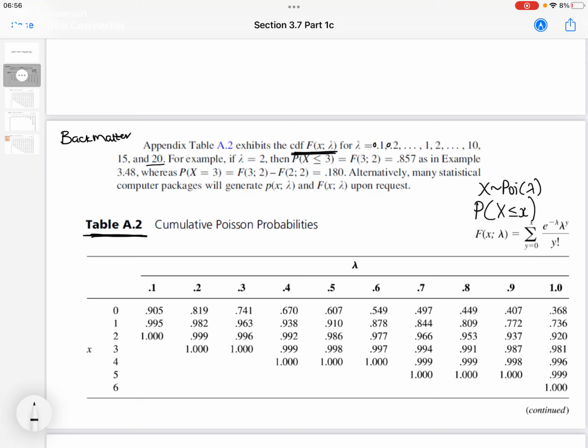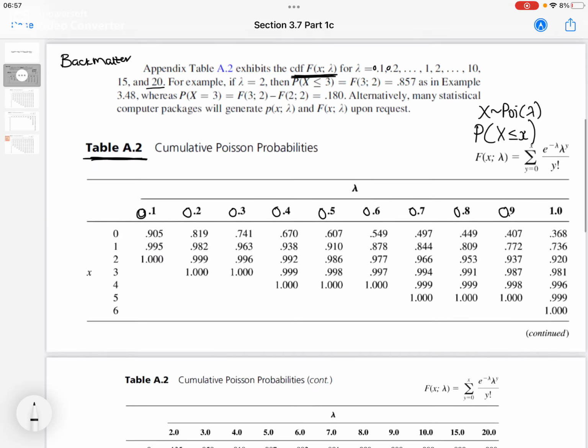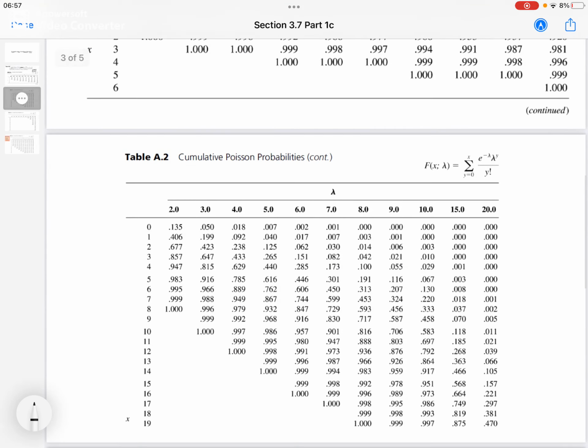In the first row, you're given the values of lambda, which start from 0.1, 0.2, 0.3, 0.4, 0.5, 0.6, up to 1, and then 2, 3, 4, 5, 6, 7, 8, 9, 10, 15, and 20.